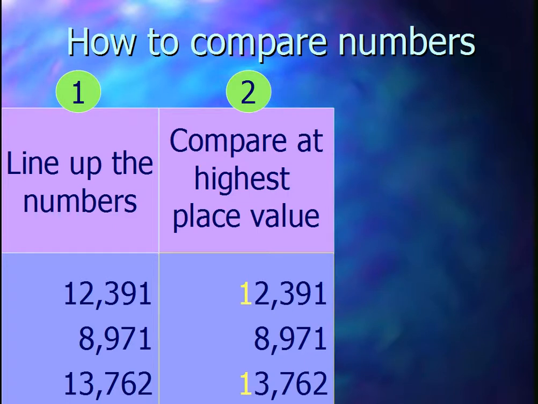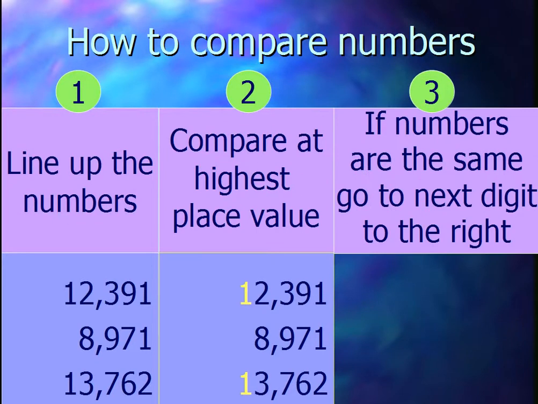So we would compare those two. And if numbers are the same, as we can see with our 12,000 and 13,000, they each have one 10,000 in the 10,000s spot, then you would go to the next digit to the right.